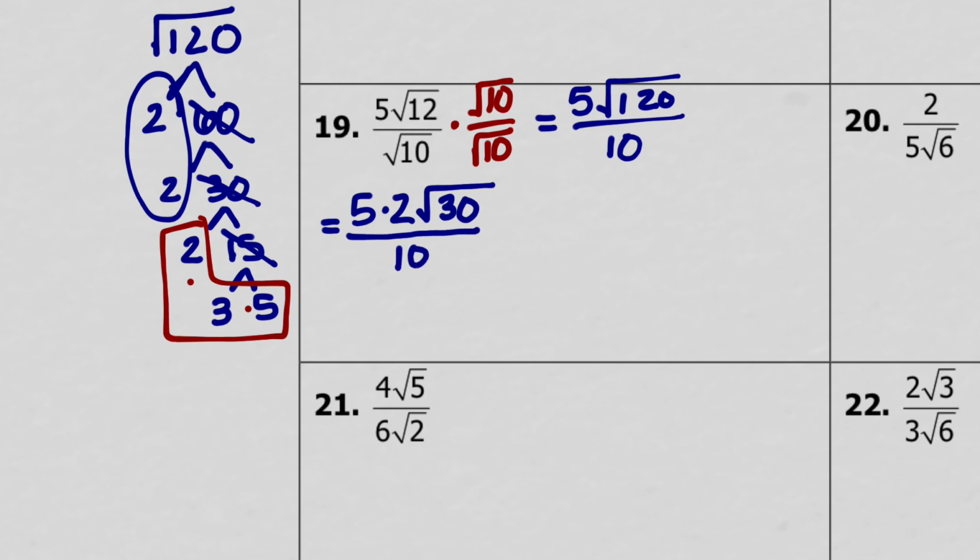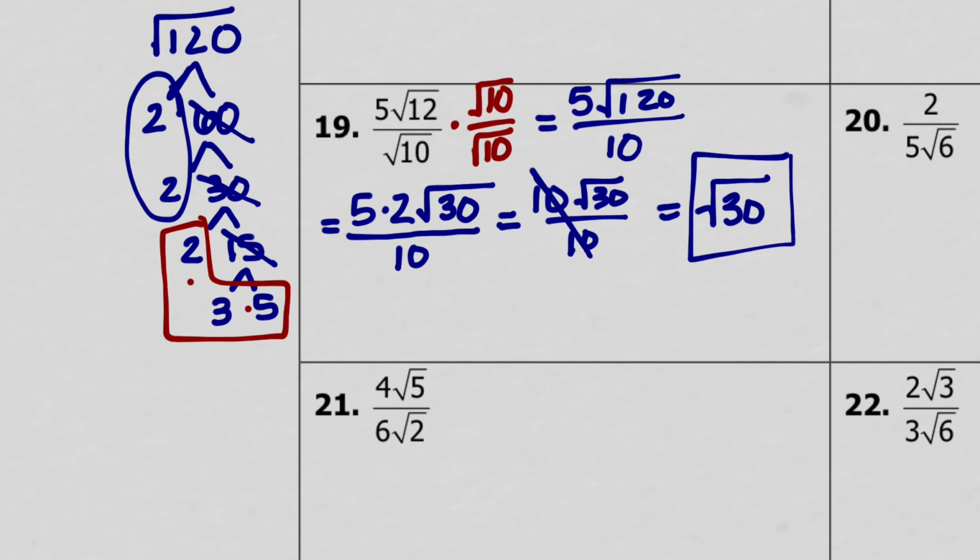And in my denominator, I had a 10. Well, 2 times 5 is 10, square root of 30 over 10. And these 10s, 10 over 10 is 1, so they go away here, and I'm just left with square root of 30. And we know it doesn't simplify because I made it from prime numbers that don't have pairs.